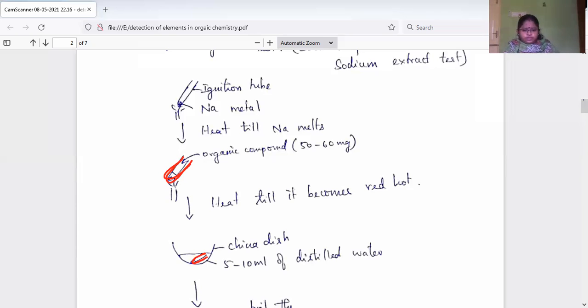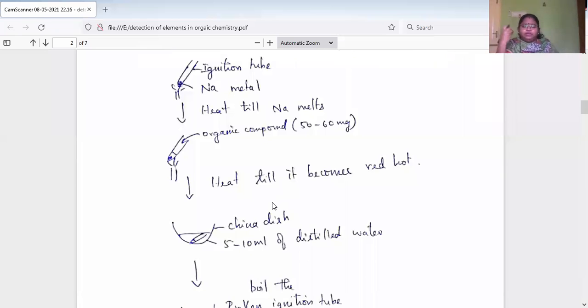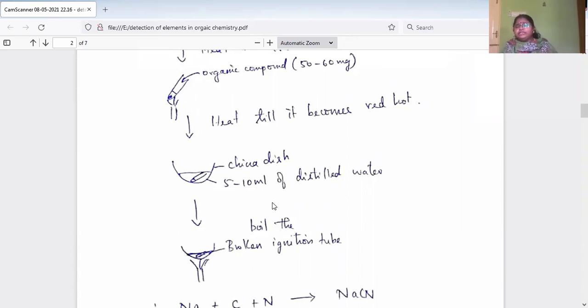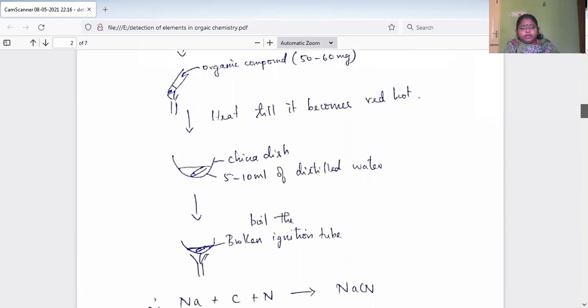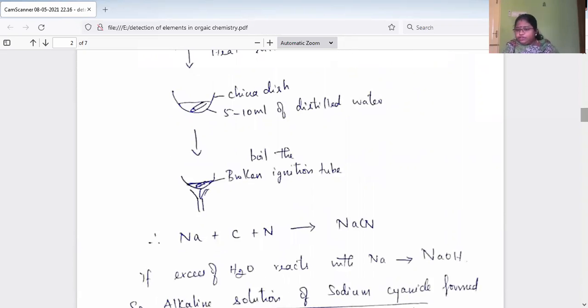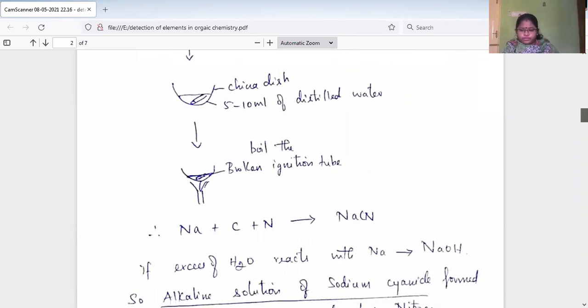Once you take the red hot ignition tube in the china dish, you have to boil the mixture. Boil the broken ignition tube, or you can filter it and then boil it, or boil it and then filter it, anything.